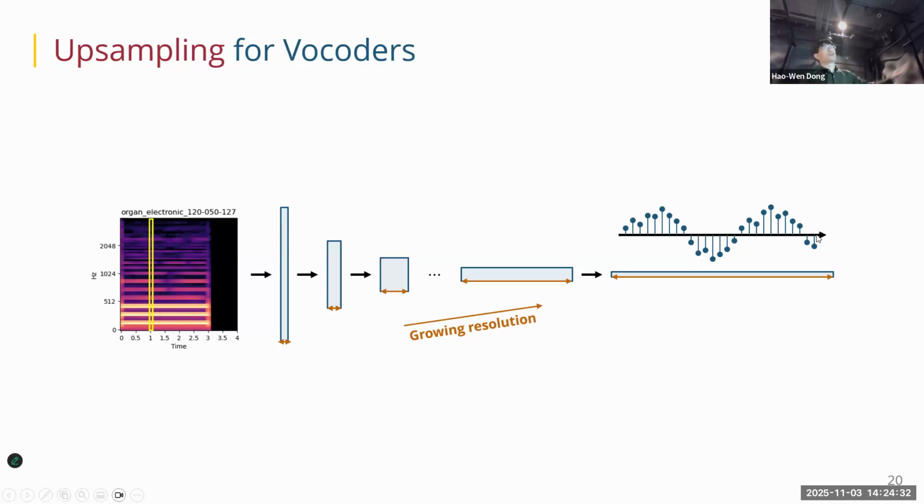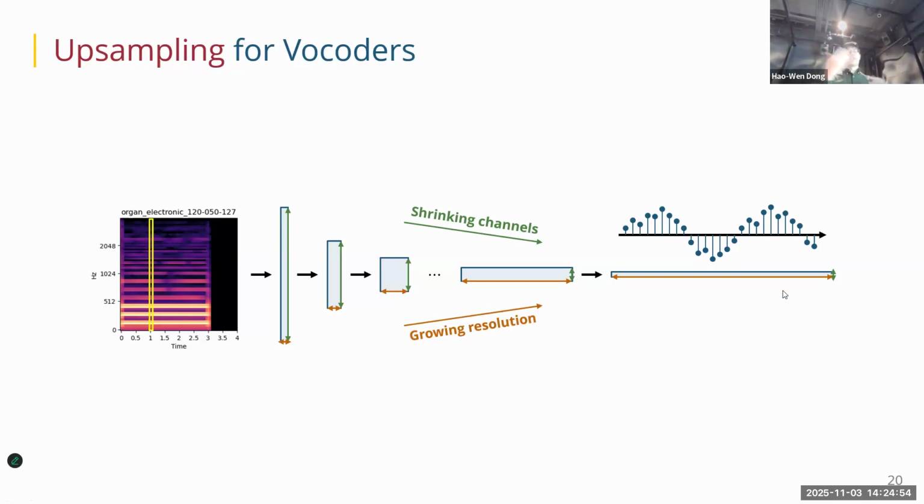So you need a much, much larger resolution, many points to generate. You want to grow the resolution, but at the same time shrink the channels. I'm simplifying things a lot, but you can imagine this is the channels that you have, and the channels just keep shrinking over time while your resolution grows at the same time.